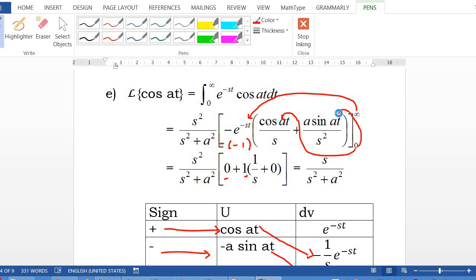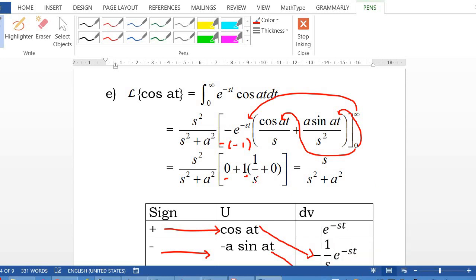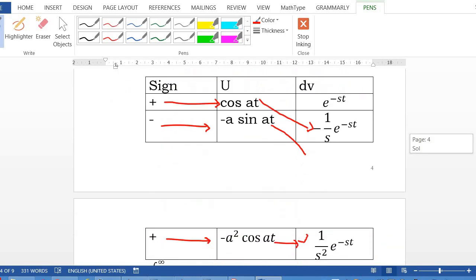When you substitute t by 0 into the sin term, sin 0 is 0. So you have 1 over s, and the s cancels, giving the result s over s squared plus a squared. How to do it by the tabular method, I leave it for you to prove.